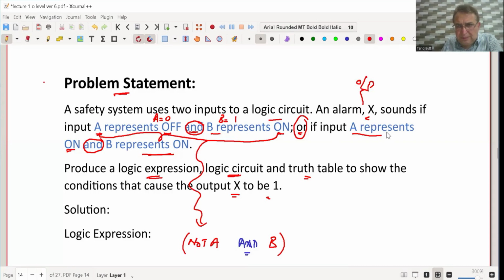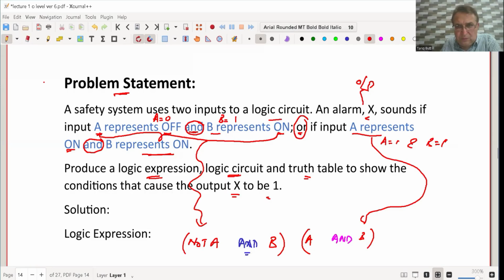Similarly, you build the sub-expression for the second condition. A represents on means A is 1, and B is on, and B is 1. So the expression for this is A and B. This B is 1, so A and B. This is the sub-expression for this.